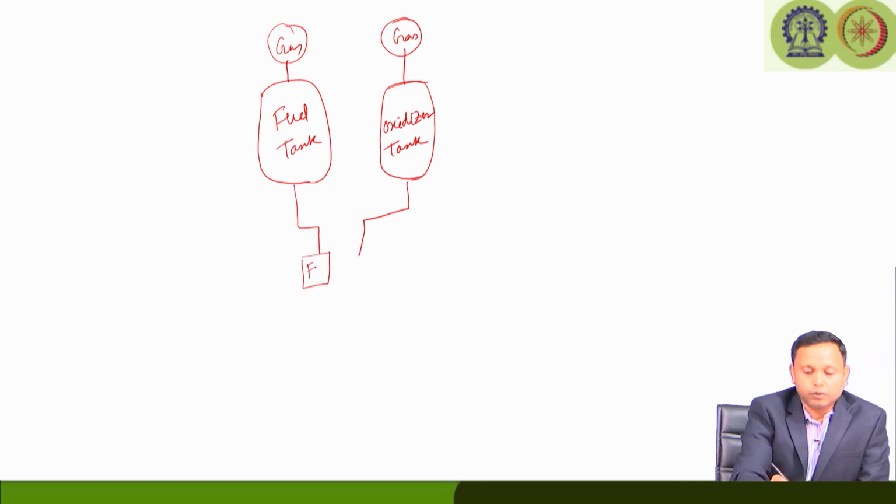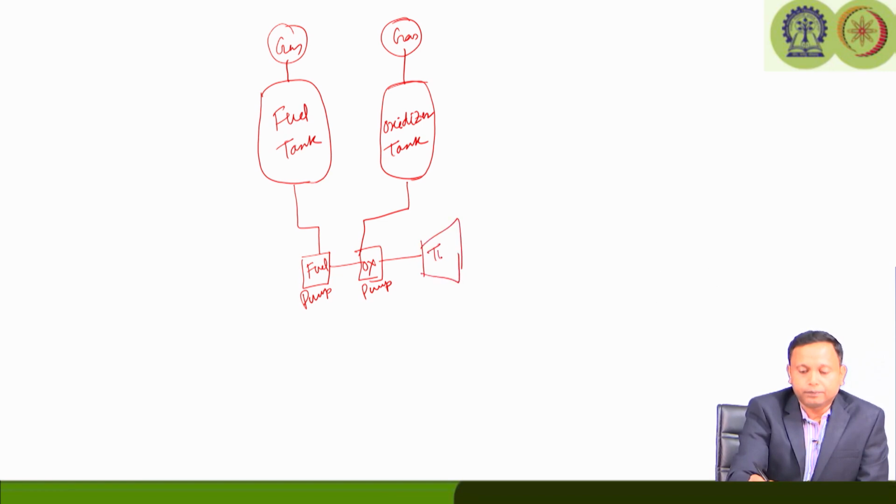So, this is the fuel pump, there will be an oxidizer pump also, and they will be driven by some kind of a turbine, and that turbine is fed by the gases from the gas generator.